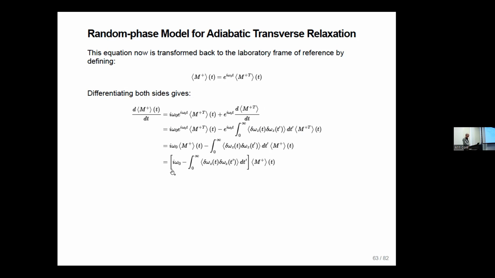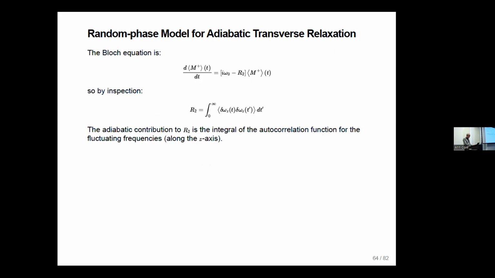I have precession with omega naught, that's just normal precession. And I have this integral. And I know what I expect are the Bloch equations. I expect precession at the Larmor frequency and decay with R2. And by inspection, this must be R2.